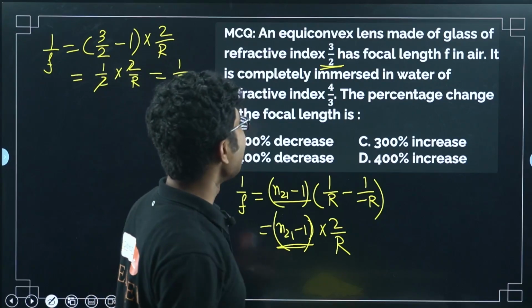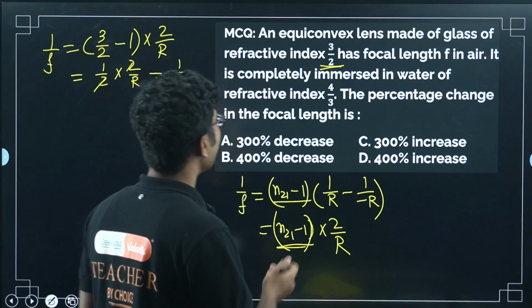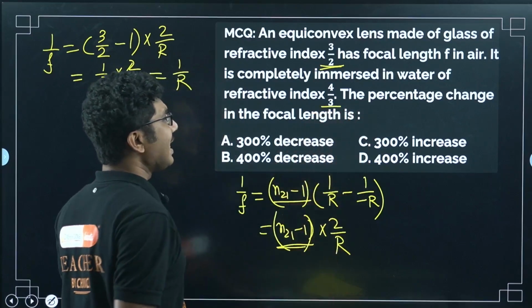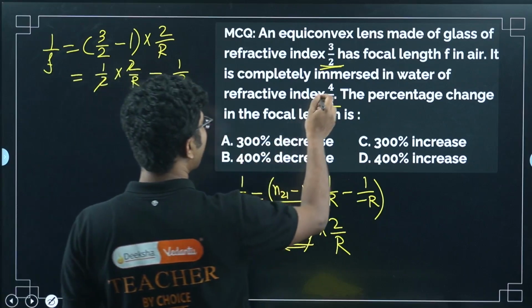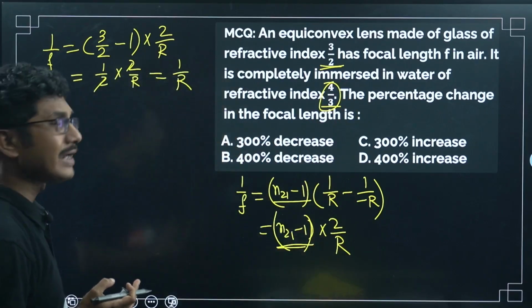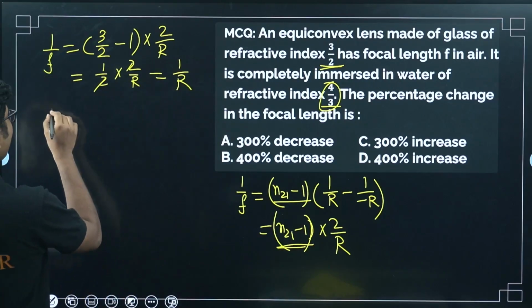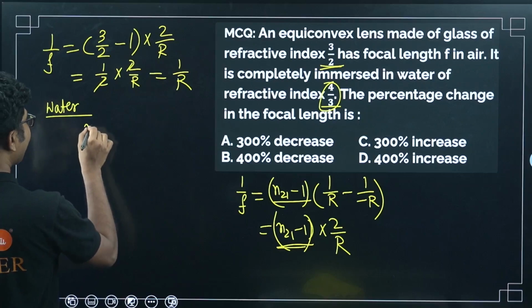Now, when the lens is completely immersed in water of refractive index 4 by 3, find the percentage change in the focal length. So first of all, we have to find the focal length when it is completely immersed in water of refractive index 4 by 3. So when it is in water, what is the refractive index?